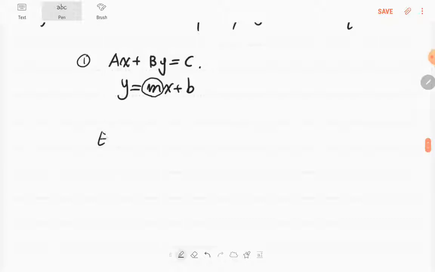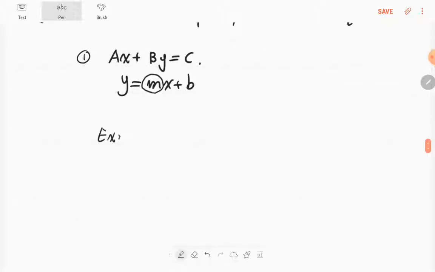Let's check the example. So we have this kind of equation. This is the standard form.